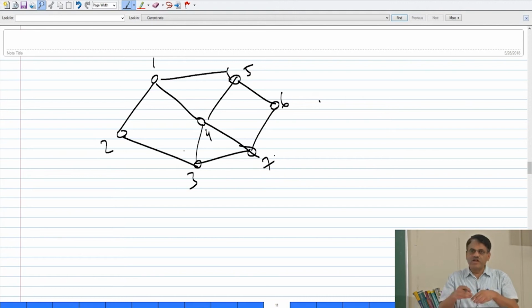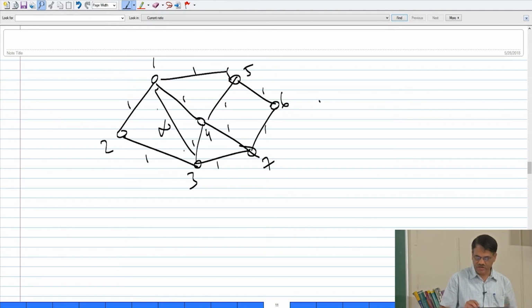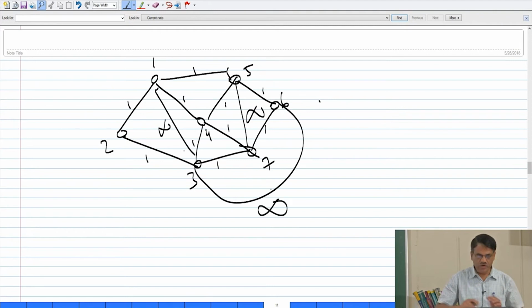So what did we do? We filled up the remaining edges, because I have to make it a complete graph. The first thing was to give a distance of 1 to these edges. Anything which was in the original graph, we give a distance of 1. For anything else, we add that edge and give an infinity distance. There are all these edges missing, so we have made it a complete graph. Now the claim is, if G has a Hamiltonian cycle, what is the distance in my G prime of that Hamiltonian cycle?